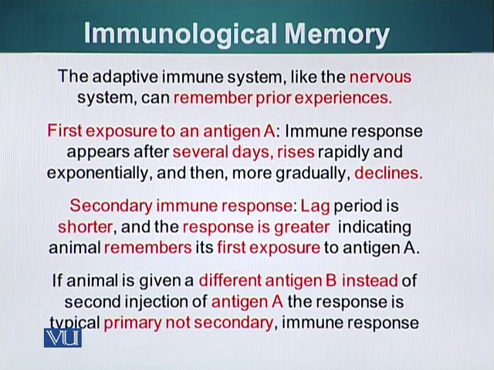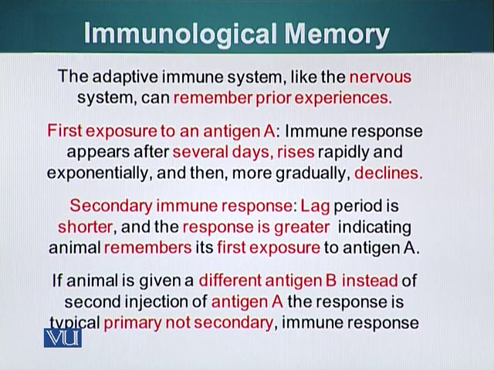It rises rapidly and exponentially, and then gradually declines. With the second exposure to the same antigen, the lag period is much shorter and the response is much greater, indicating the animal remembers its first exposure to that antigen. In our case, it is antigen A.